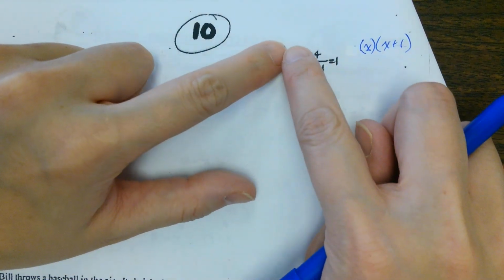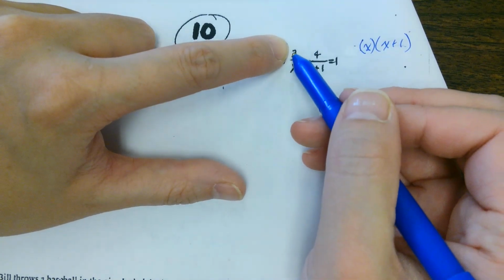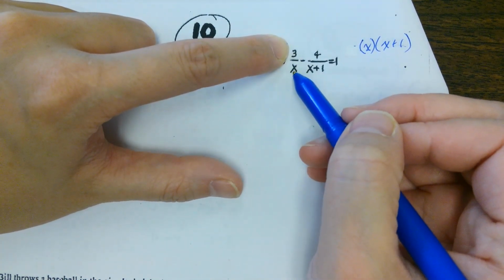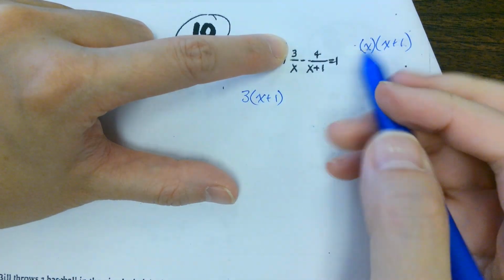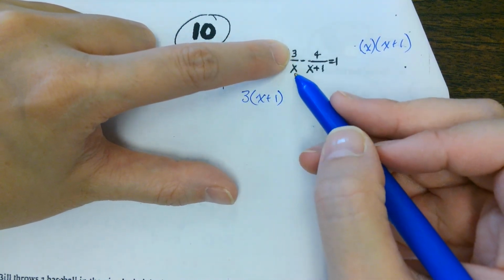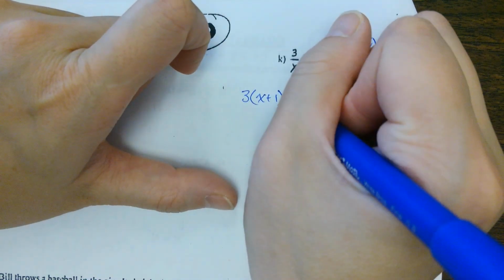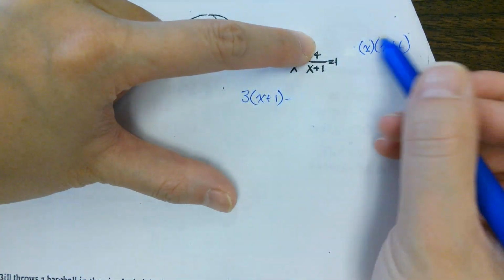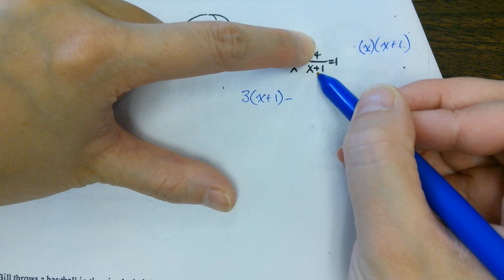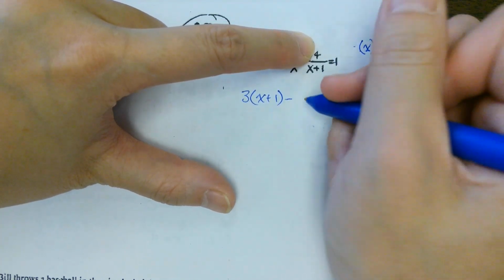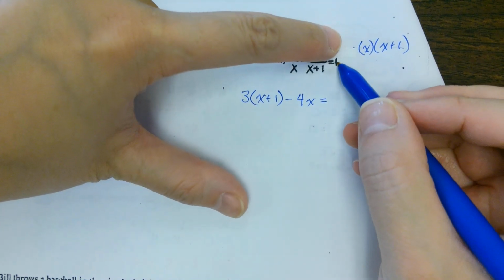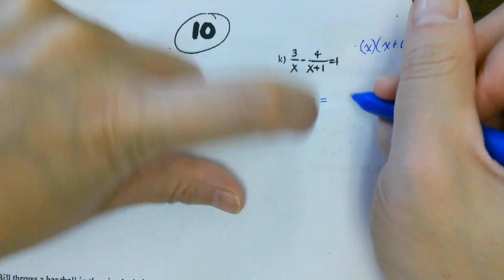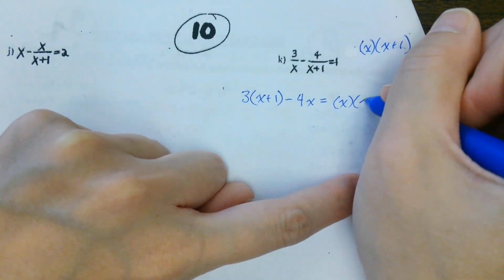So if I use this to multiply, 3 times this divided by x, I get 3 times x plus 1. Right? The x canceled out. Minus 4 times this divided by x plus 1. So the x plus 1's cancel out. I'm left with 4x. And then what about the 1? 1 times all this is this right here.